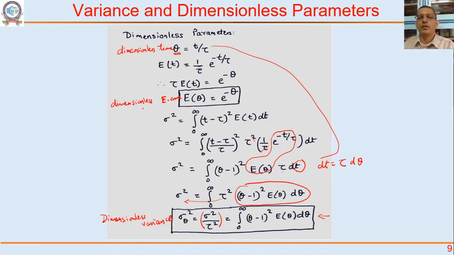Do this for yourself and understand this derivation. It's easier to think in terms of dimensionless parameters, because we might want to compare different reactors having different residence times. Then we can compare on the basis of these dimensionless numbers. Okay, let's go forward.